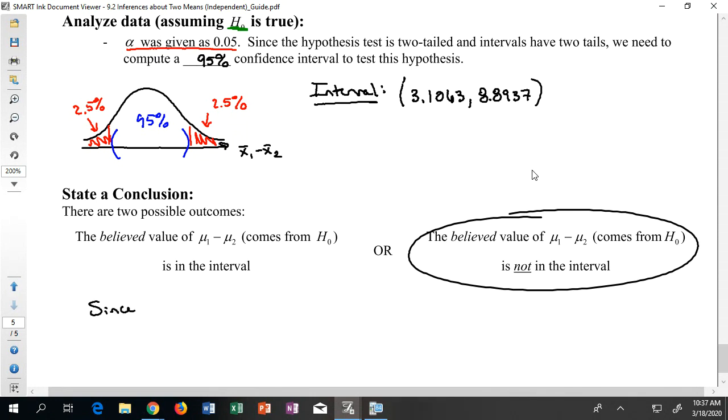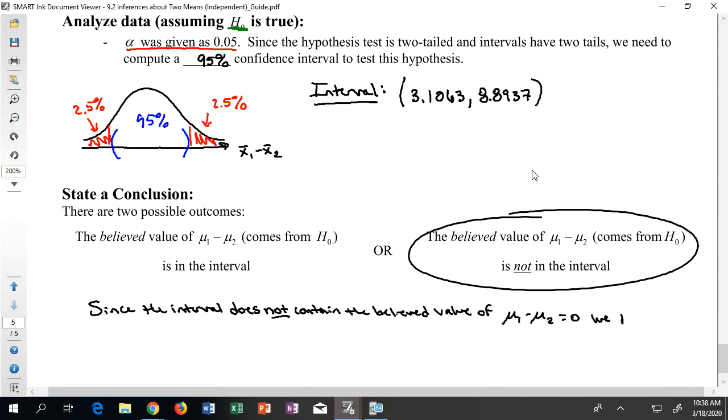And I write the following conclusion. Since the interval does not contain the believed value of mean 1 minus mean 2, which was 0, we reject H0. It doesn't seem like a good fit anymore. 0 should be a number in the interval, and we didn't get that.